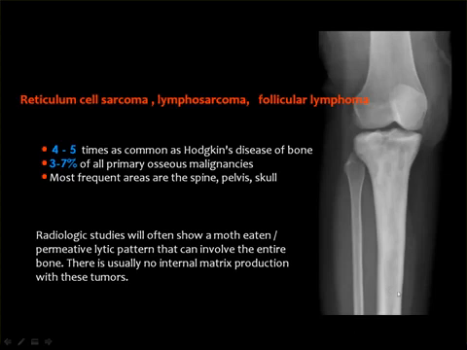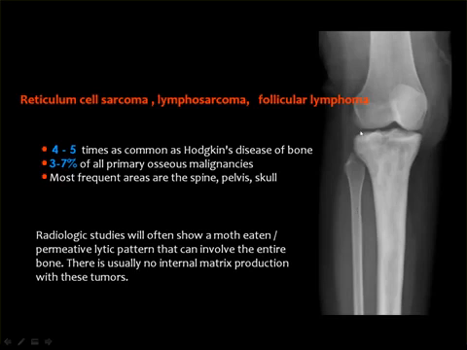Then here you see that there is diffuse sclerosis of the proximal part of the tibia with loss of the corticomedullary differentiation. You cannot differentiate the cortex and the medulla.